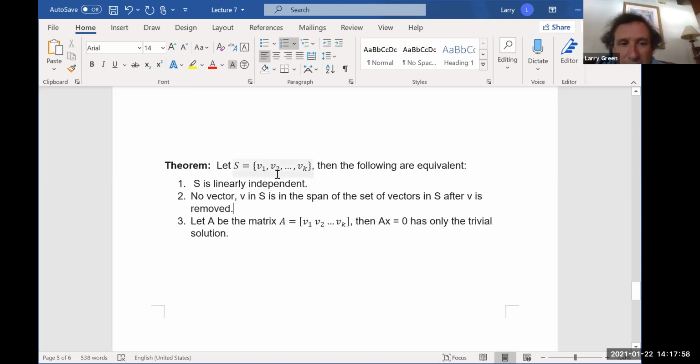So if I take out, say, V2, then V2 will not be in the span of V1, V3 through VK, and no vector will work that way. And number three is that if A is the column vector matrix, then AX equals 0 has only the trivial solution.